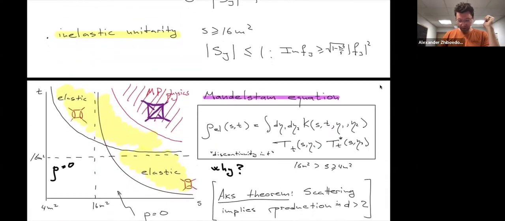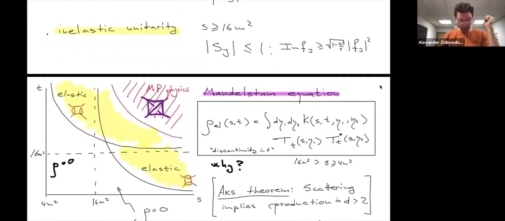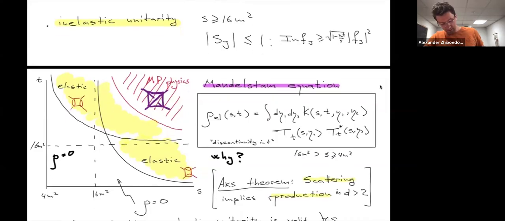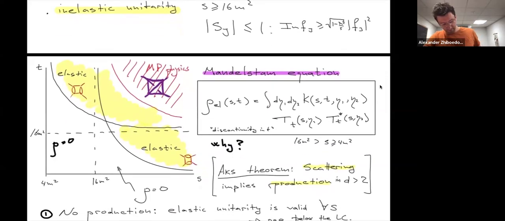So let's try to prove the Aks theorem and hopefully learn something from that. How does it go? Again, here the statement is that if you have scattering, you must have production. Why is that? Well, let's assume that there is no production and the scattering is purely elastic.